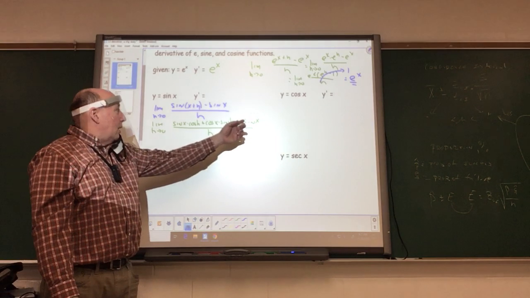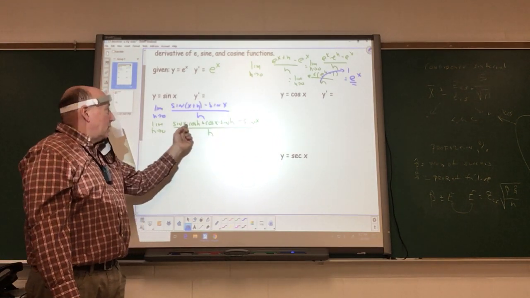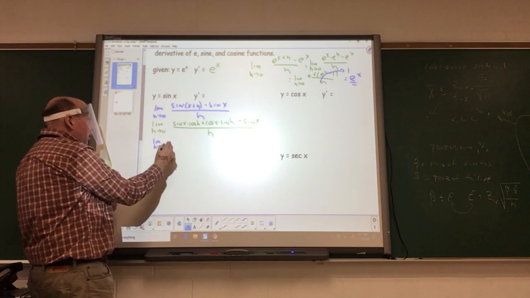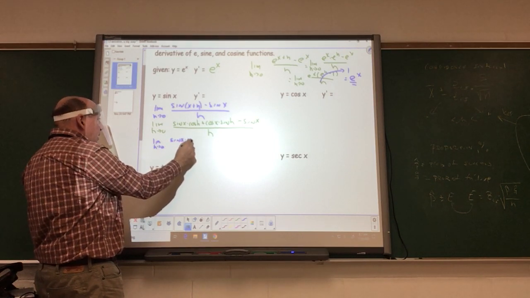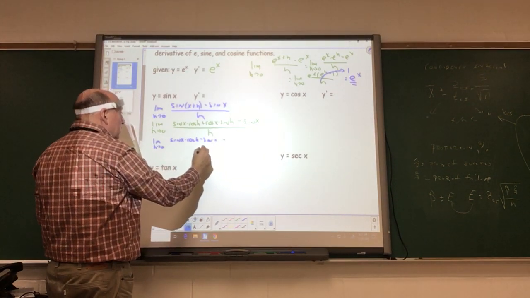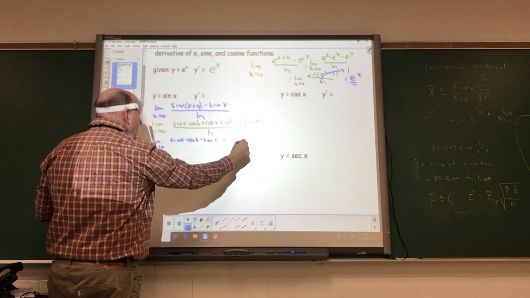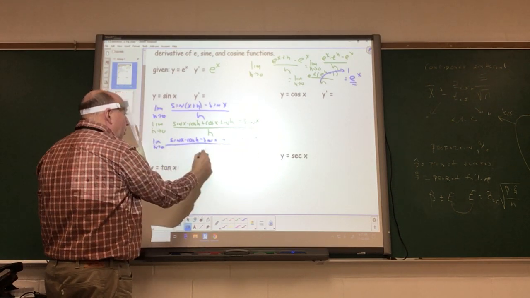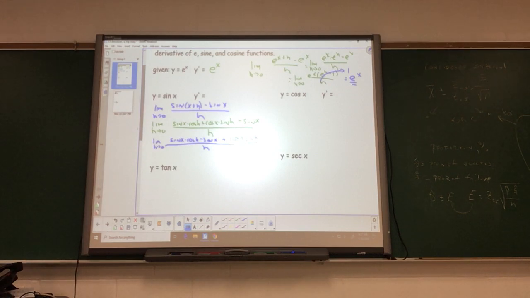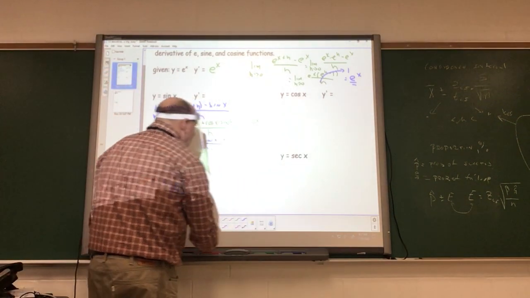Now, if we would pair up my sine x here, we have the limit as h approaches 0 of sine x times the cosine of h minus sine of x, and this is plus cosine x sine h, and this is all over h. Separating these into two fractions.